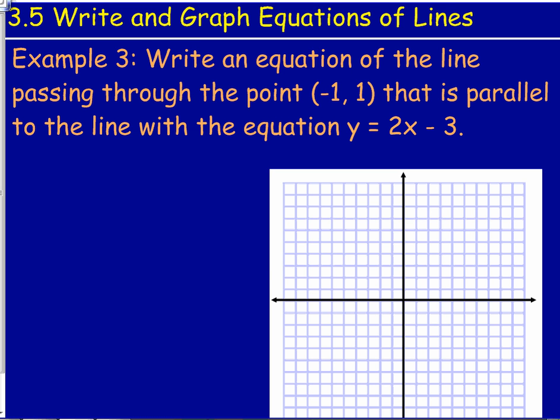All right, so the first thing we're going to talk about is finding the equation of a line that is parallel to another line. So our rule is if it's parallel, the slopes are the same.